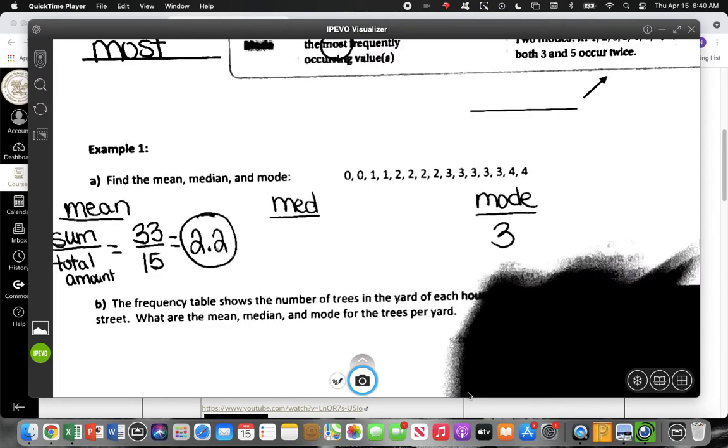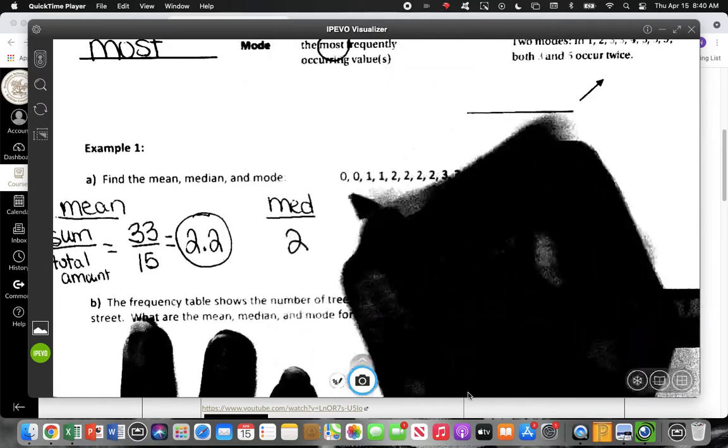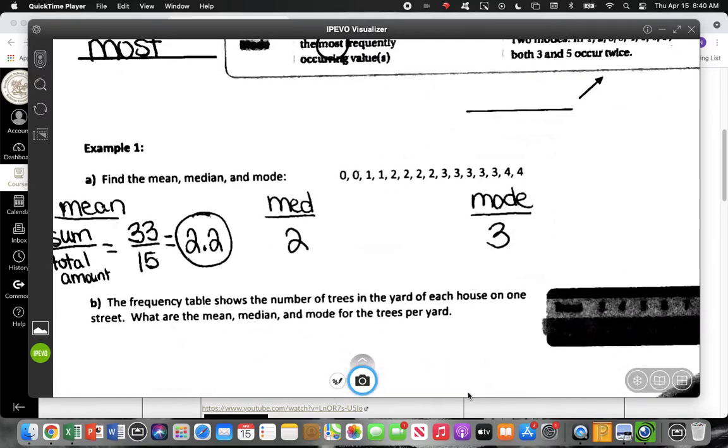Which one is in the absolute middle of the list? 2. All right, now on this one there's 15. What's half of 15? 7.5.